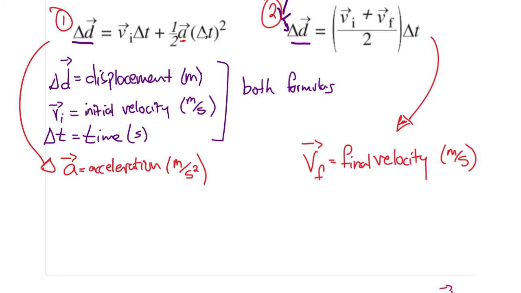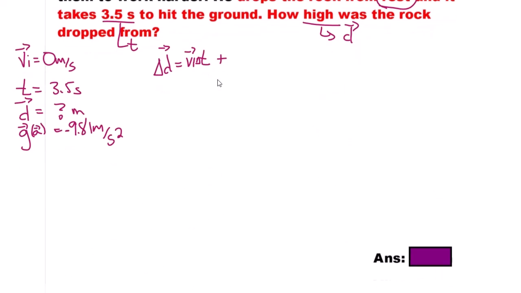And notice it's just this change in time that's squared, not this whole last term. That's going to be a common mistake. So 1/2 times my acceleration, right, which is the same as g, multiplied by my change in time squared.